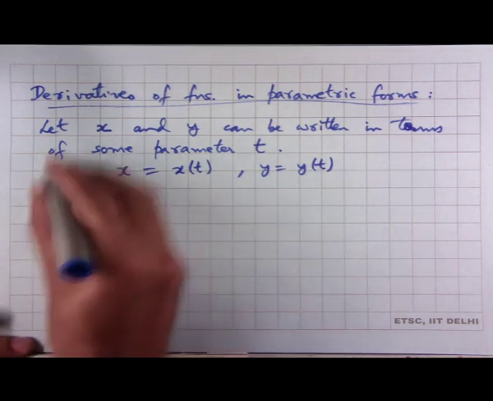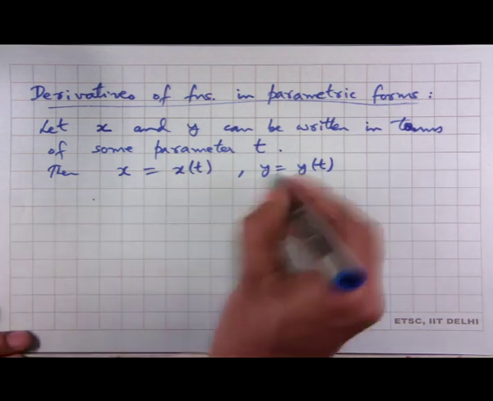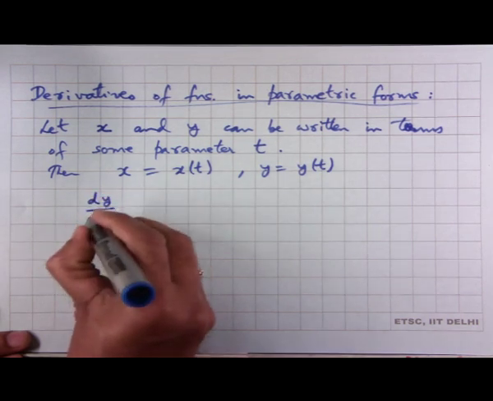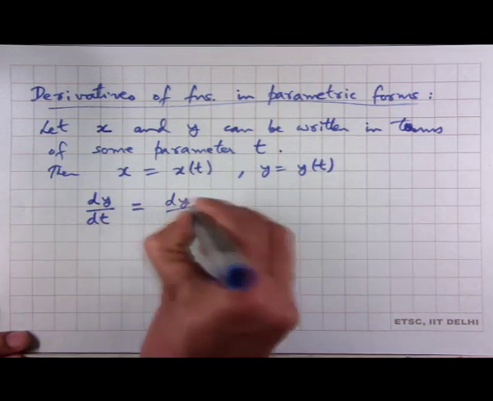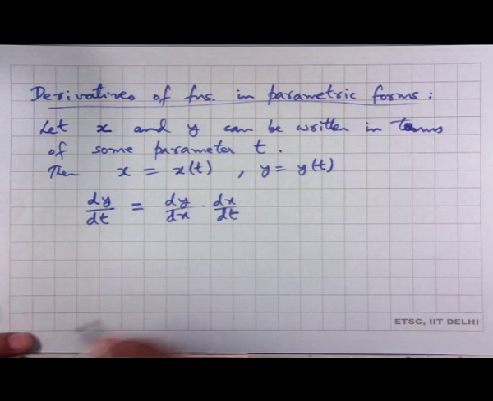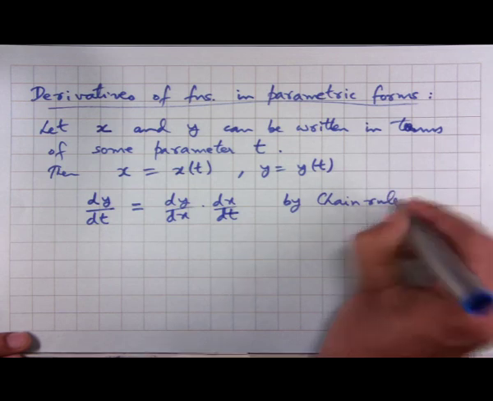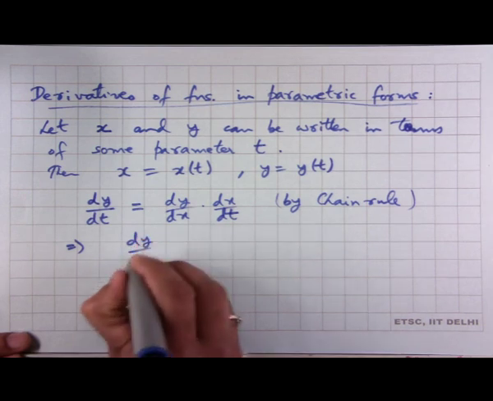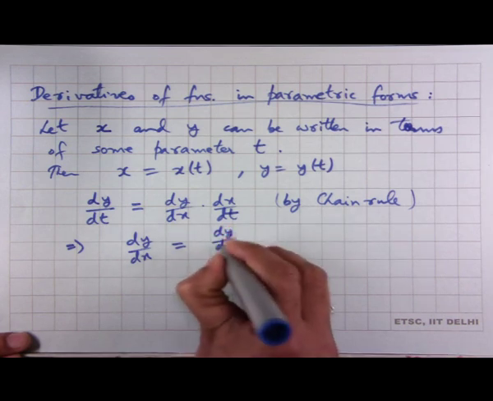So, to find dy/dx, since y is a function of t, I can write dy/dt as dy/dx times dx/dt, by the chain rule. Therefore, the derivative dy/dx can be calculated in terms of the derivatives with respect to t.